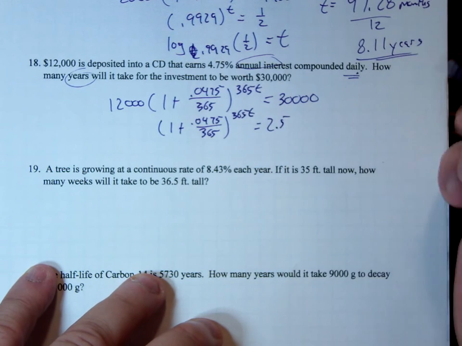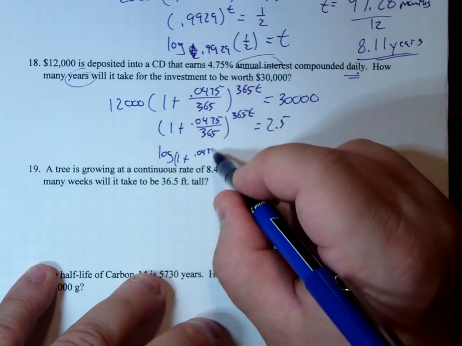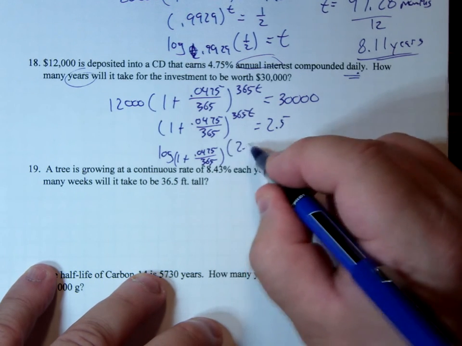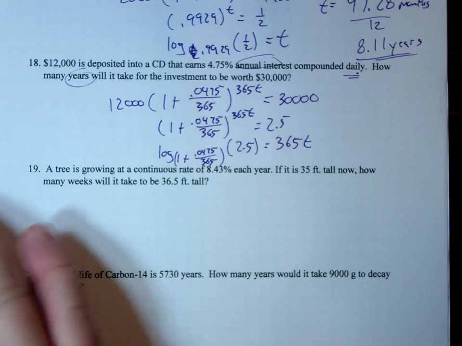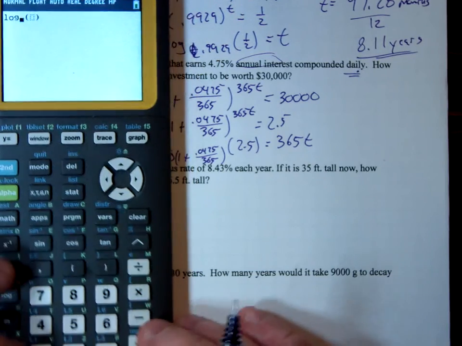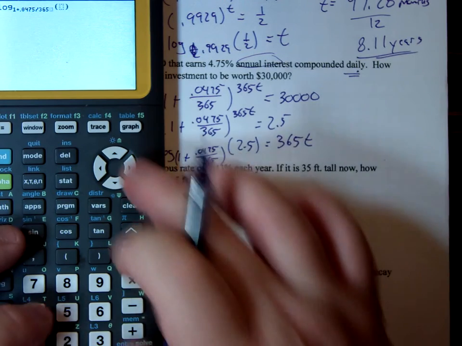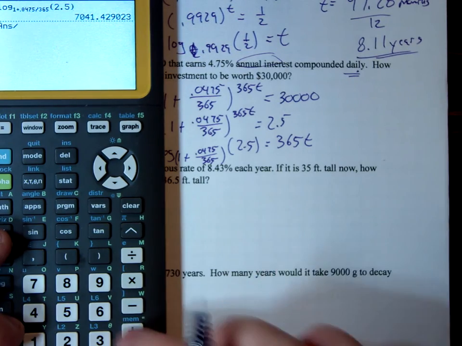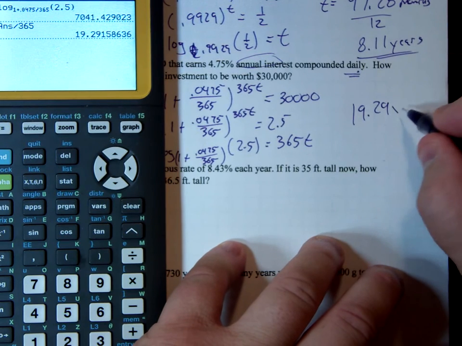So log base 1 plus 0.0475 over 365 of 2.5 will equal 365t. So when I do that, math, log base 1 plus 0.0475 over 365 of 2.5, divide by 365 to get t by itself, that would be 19.29 years.